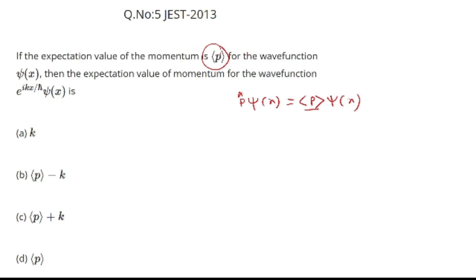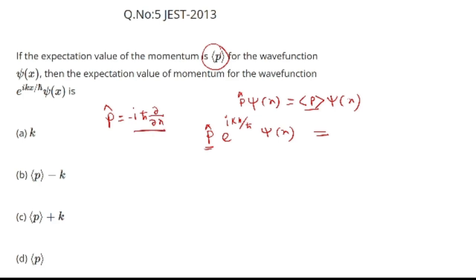Now we have to find the expectation value of e to the power iota kx by h cross into psi of x. So operate p on e to the power iota kx divided by h cross psi of x. Here p is nothing but minus iota h cross del x.